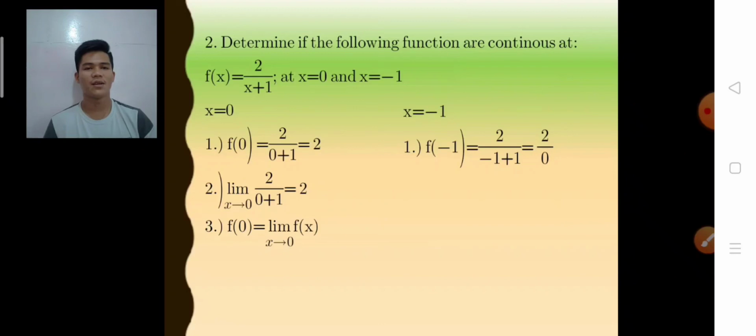Let's proceed to x equals negative 1. We plug the value of x into the given function. f of negative 1 is equal to 2 over negative 1 plus 1, so this is 2 over 0, which is undefined. So f of x is discontinuous at x equals negative 1.